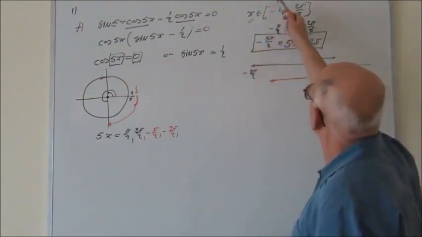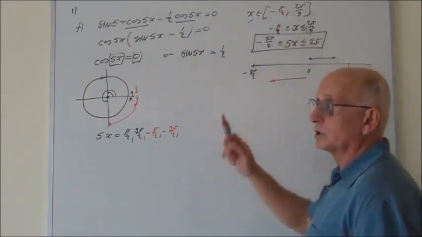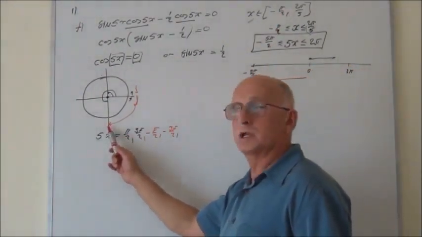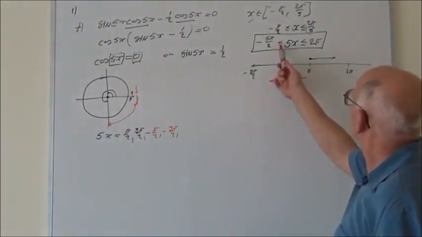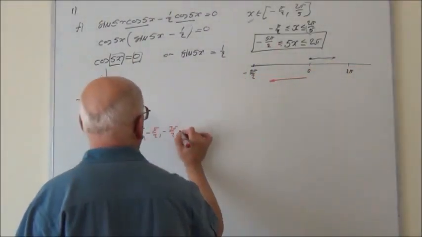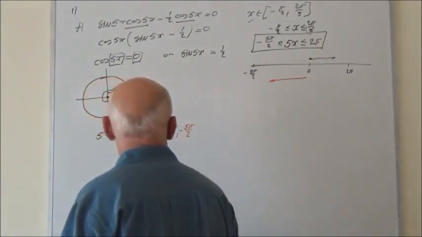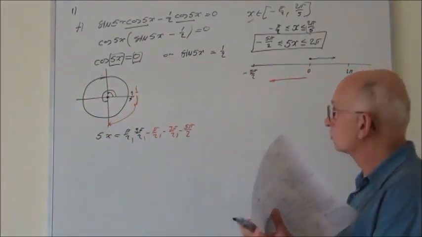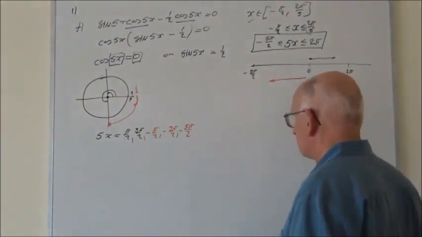If this bracket was a round bracket, that means that point is not included in the domain, and we can't state it as a solution. But in this case, yes, equal, so we have to state another solution, minus 5 pi on 2. So all those are solutions to this equation within that domain.